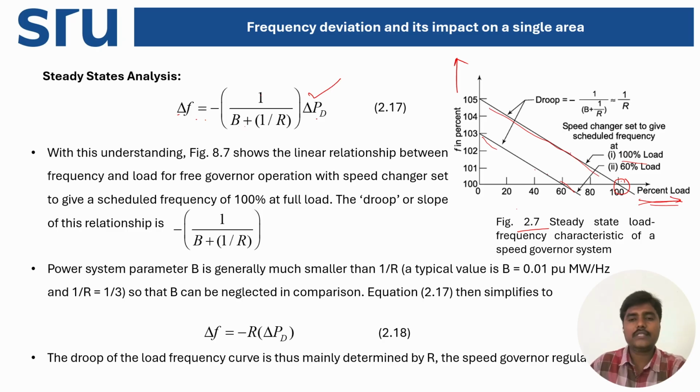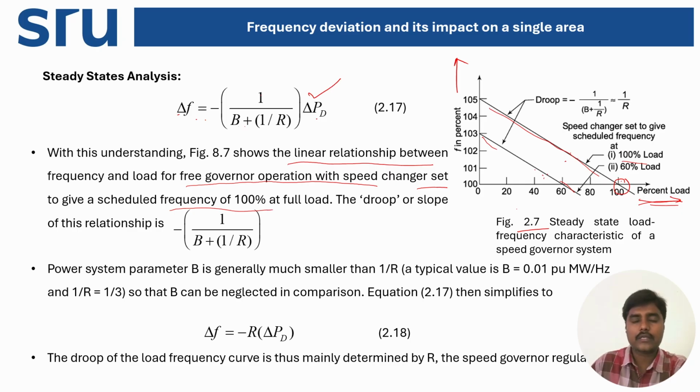So in both cases, for different percentages of loads, the characteristic maintains a droop behavior, following the downfall trend. The linear relationship between frequency and load for free governor operation with the speed changer set to give a 100% schedule at full load is the droop characteristic.